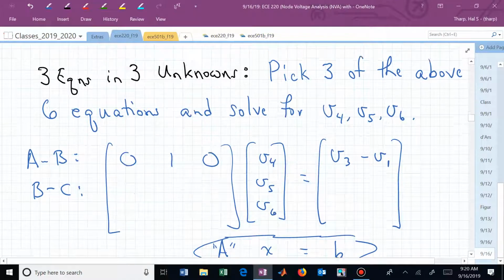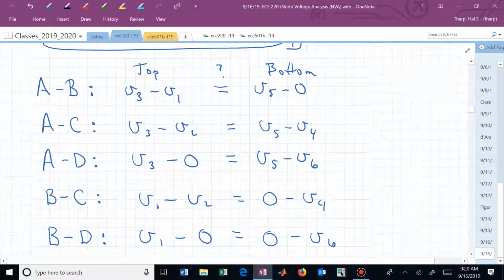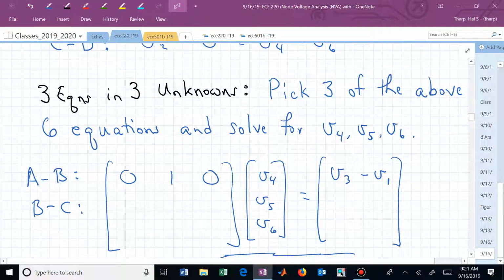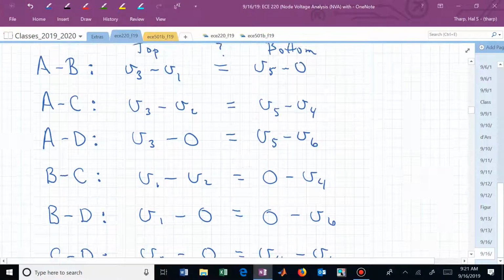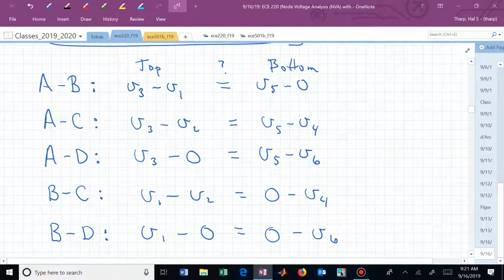Put A to C in this matrix form. Sorry, I said A's were wild. We started with A. We now want to put this into that structure. What do we put in the second row of that A matrix?